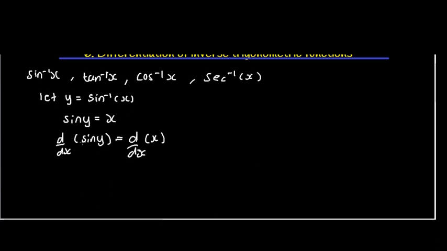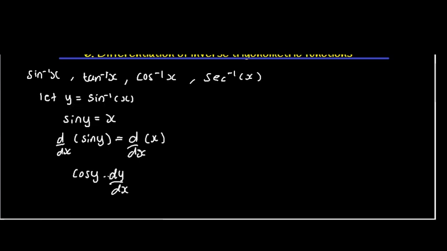Remember that from the section on differentiating from first principles, we proved that when you differentiate sine of any given variable like u, you get cos u. So here, when you differentiate sine y, we shall have cos y multiplied by dy/dx, since we are differentiating a function y which is in terms of x.